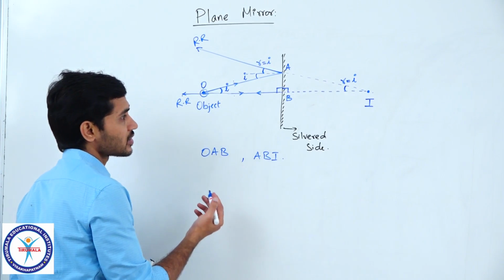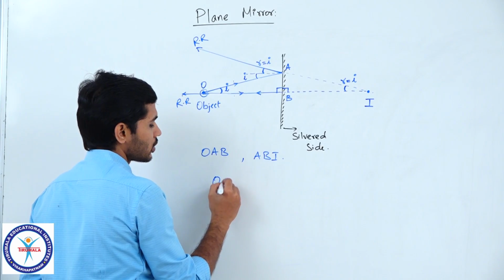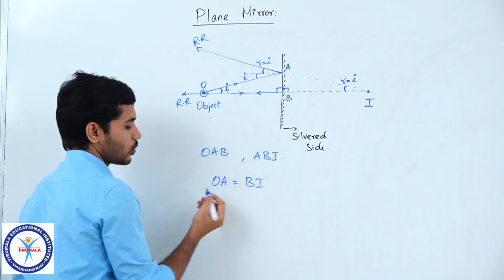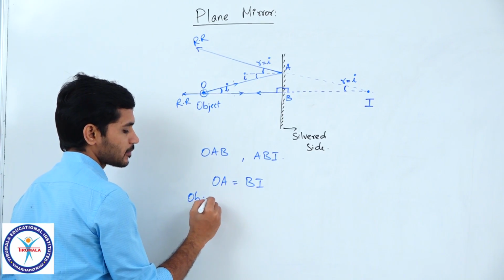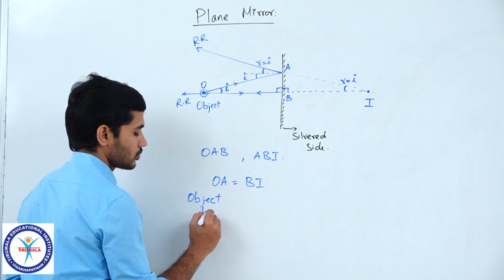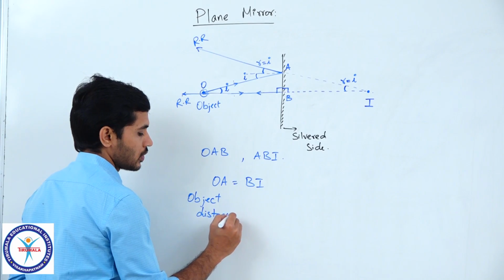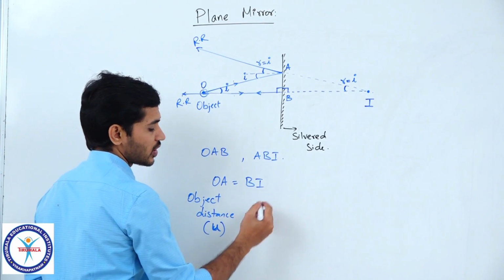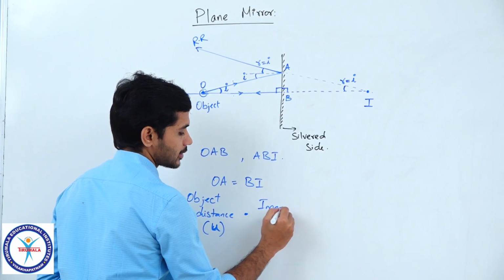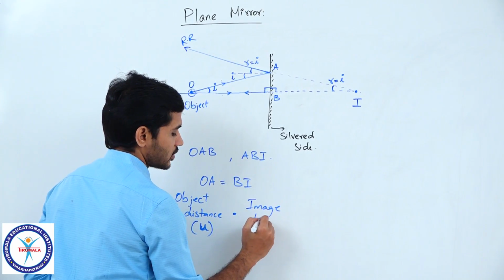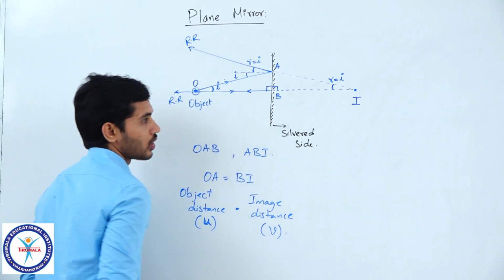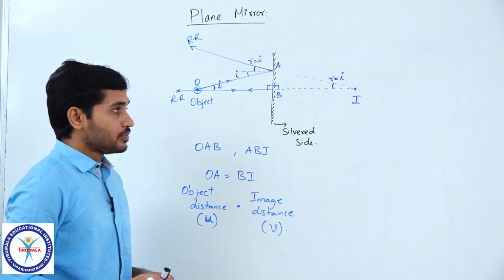So, in this particular case we can say that this distance OA is equal to this distance BI. This OA is called the object distance, generally represented with a u, and this one here is the image distance, which is generally represented with the symbol v. So, that is the basic idea.